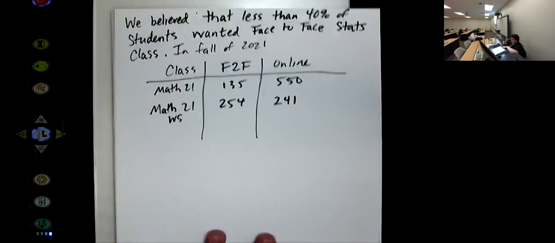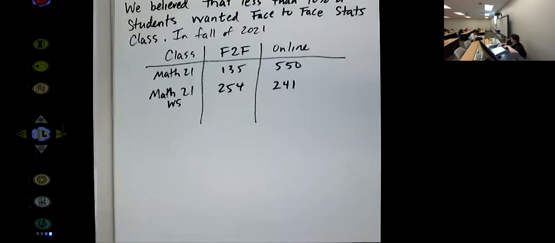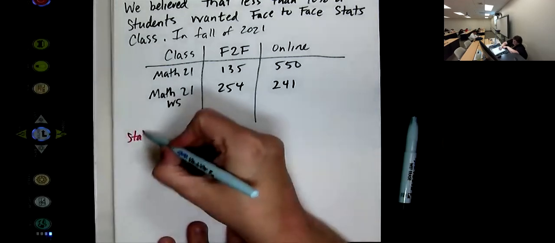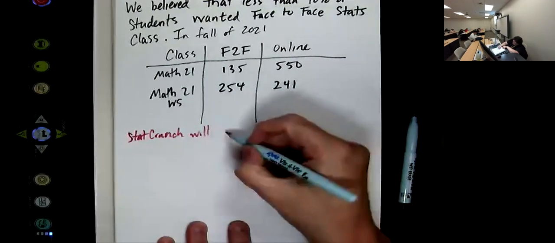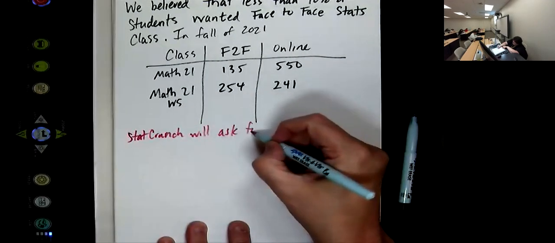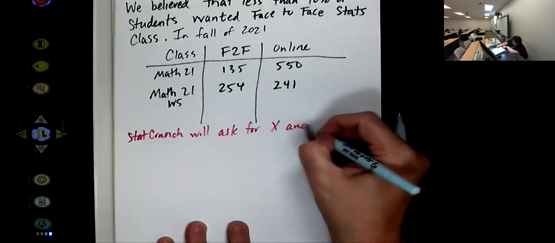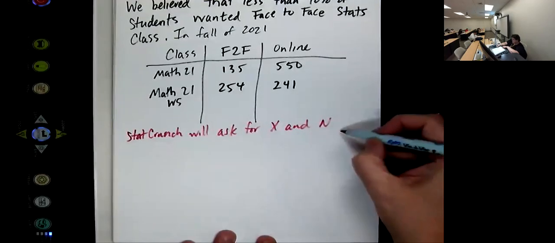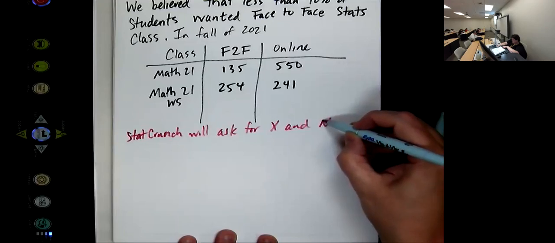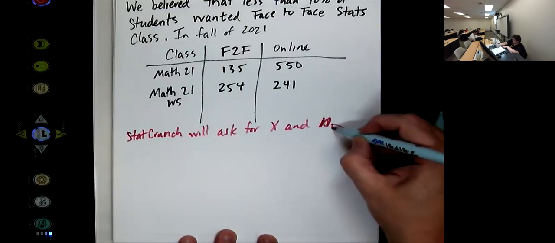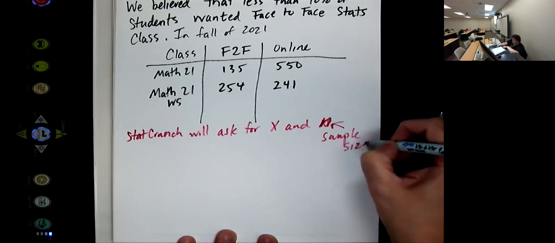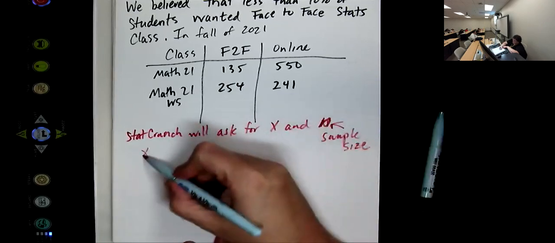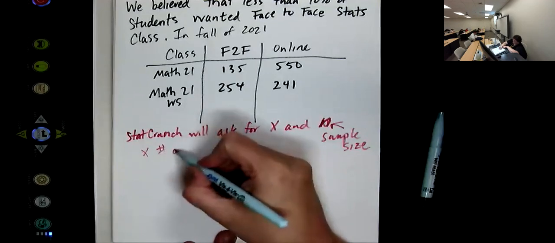So when we do this in StatCrunch, it's going to ask us for X and N. N is, well, lowercase n. N is our sample size. X is the number of successes.